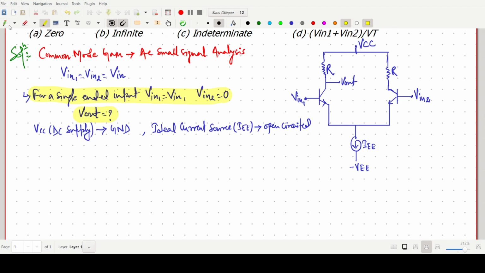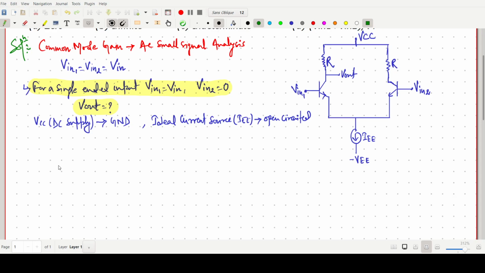Before that, I am going to redraw the circuit once again. This one is our R, make it ground, and this one is V in 1.